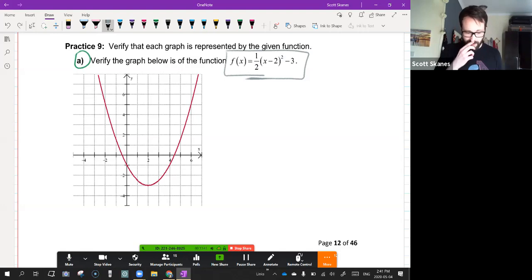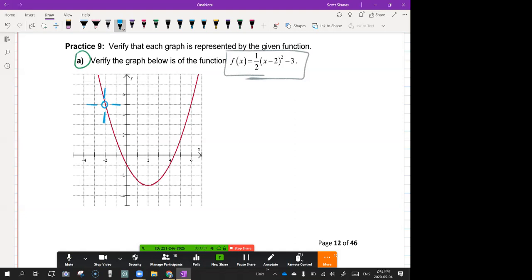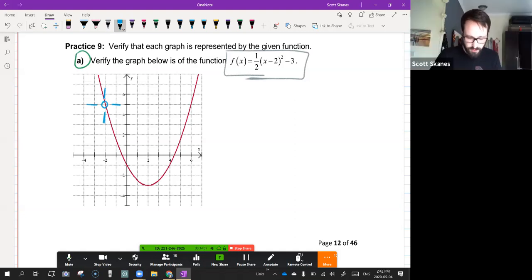So I want you to tell me, there are 5 points on this graph that I think would be really good to check. What I mean by that is, for example, this point here is exactly on an intersection. 0 and -1. 0 and -1 is a perfectly good one. So I'm going to label them. So that would be a good one, -2 and 5.